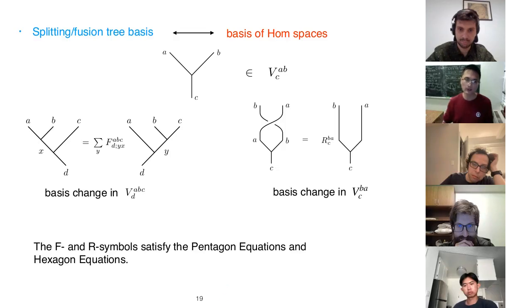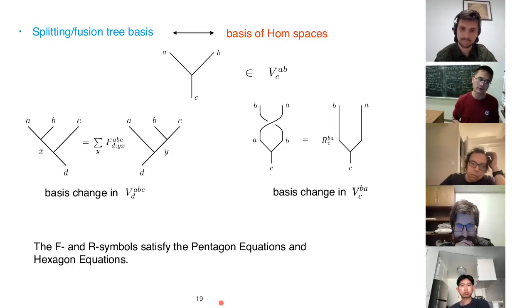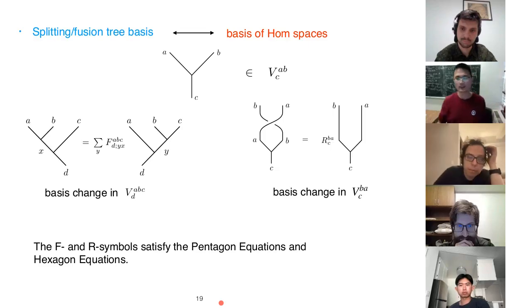Now, these F symbols and R symbols satisfy lots of constraints and compatibility conditions known as the pentagon equations and the hexagon equations, but I'm not going into details on these equations. But the point is that these fusion rules and the F and R symbols, together with the conditions they need to satisfy, encode the data of a unitary modular tensor category, or an anyon system.